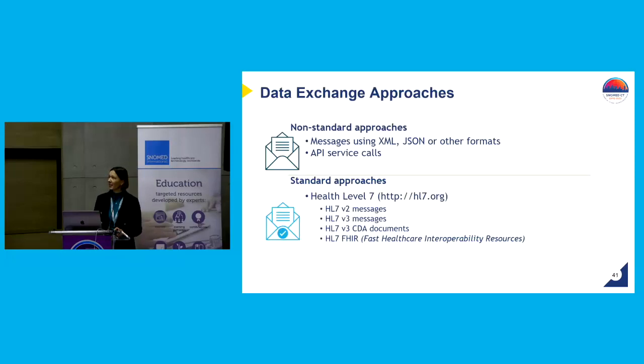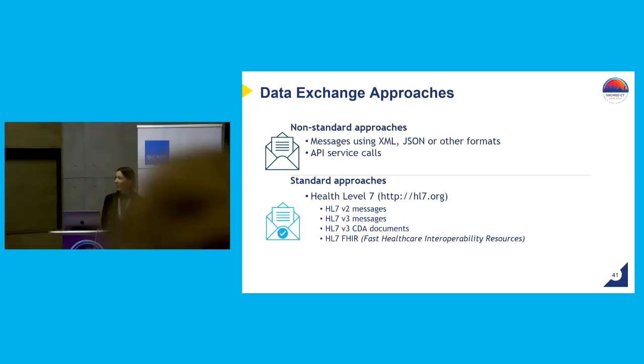So how is this information exchanged? Well, there are lots of different formats that you can use to exchange healthcare data. We have non-standard approaches that can be used like XML and JSON. They tend to be the more common format. And then there might also be dedicated application program interfaces that are developed to help exchange this clinical information.